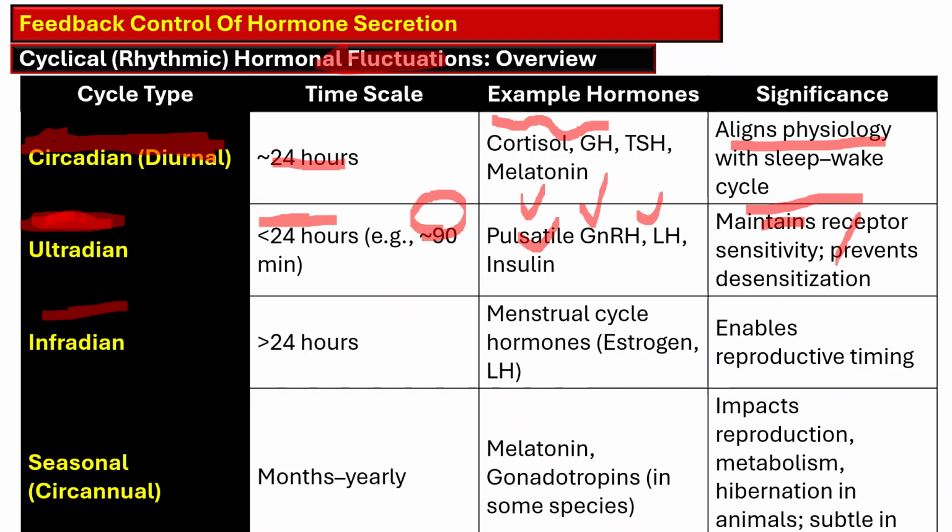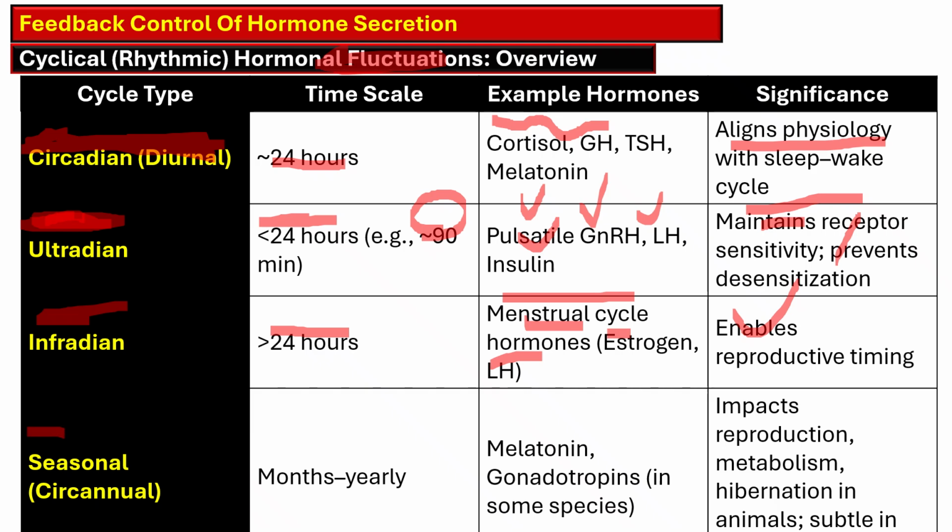Then the infradian cycle type lasts for more than 24 hours, and examples are menstrual cycle hormones such as estrogen and luteinizing hormone, and they enable reproductive timing.